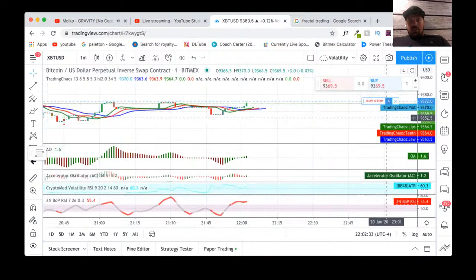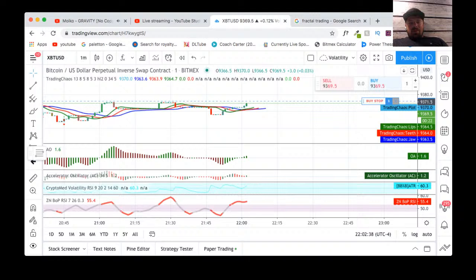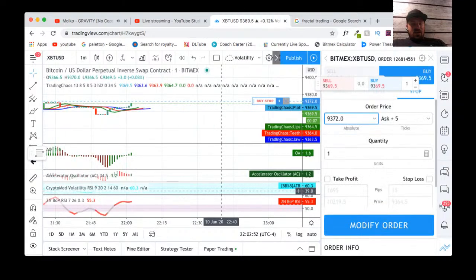Well, it's getting overbought here. If this goes up, I don't see it moving too much higher for now. The reason I say that is because the RSIs are overbought.